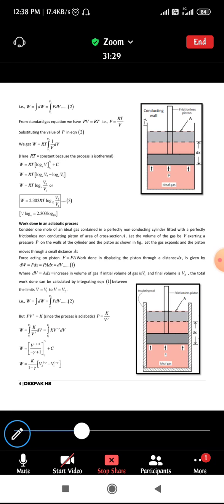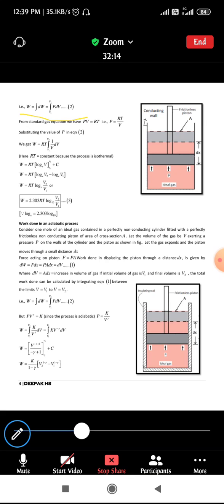Just Ganashri, which step do you want? Underline the steps which you want me to explain. Yes, Ganashri, underline the step which you want me to explain.